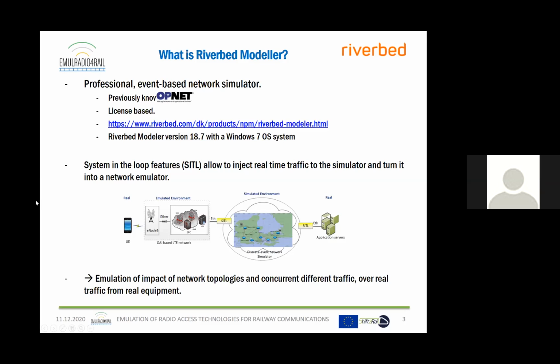In this way, the real network traffic can traverse smoothly through the whole system, from the physical to the simulated. Our focus with this setup is then to evaluate the impact of different network topologies, and also how we can inject different background traffic in order to analyze the network performance.